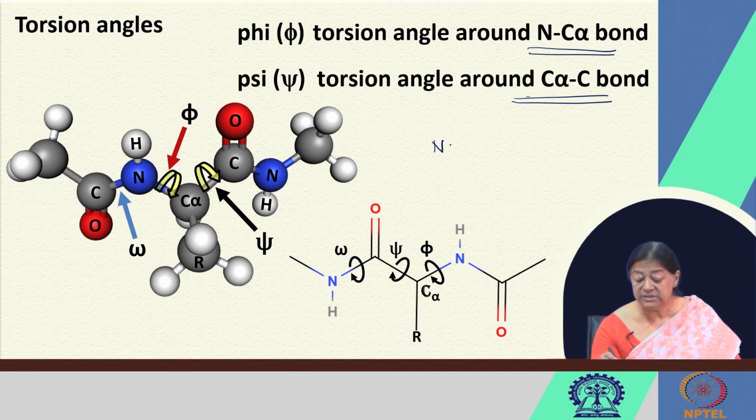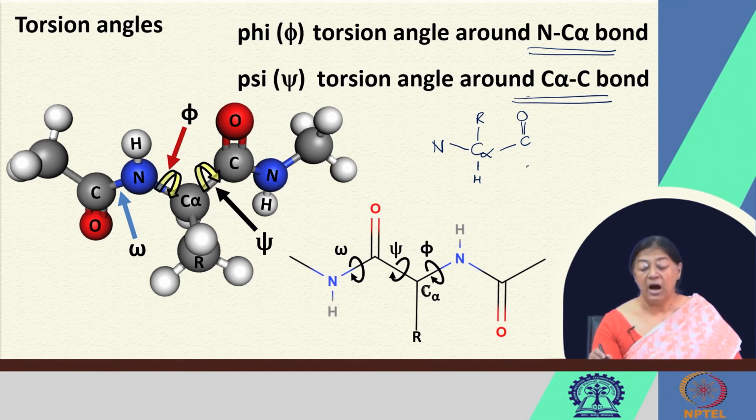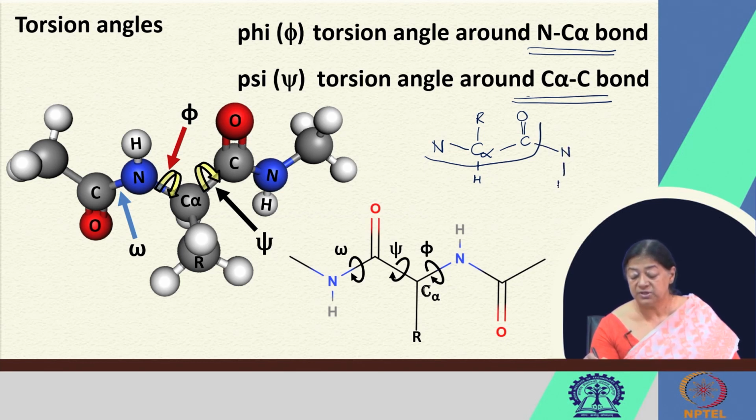The backbone is N C alpha C double bond O. We do not consider the H or the R right now, and the orientation is not particularly correct, but this is how we would consider our C double bond O.